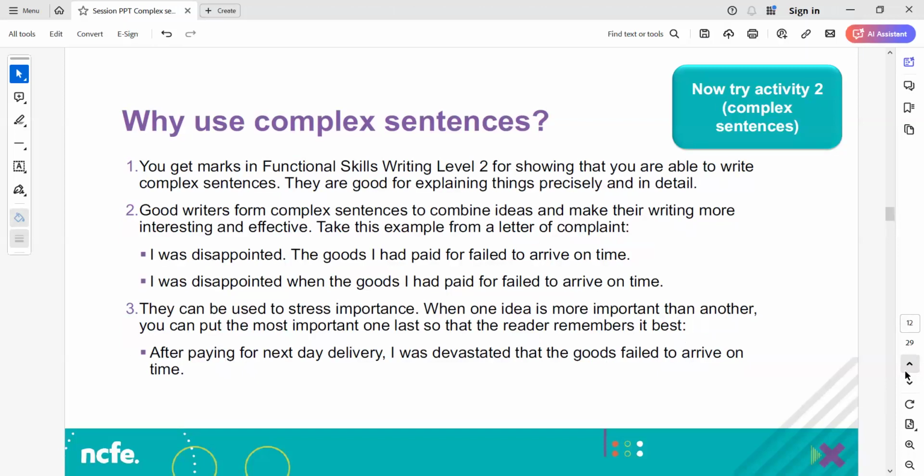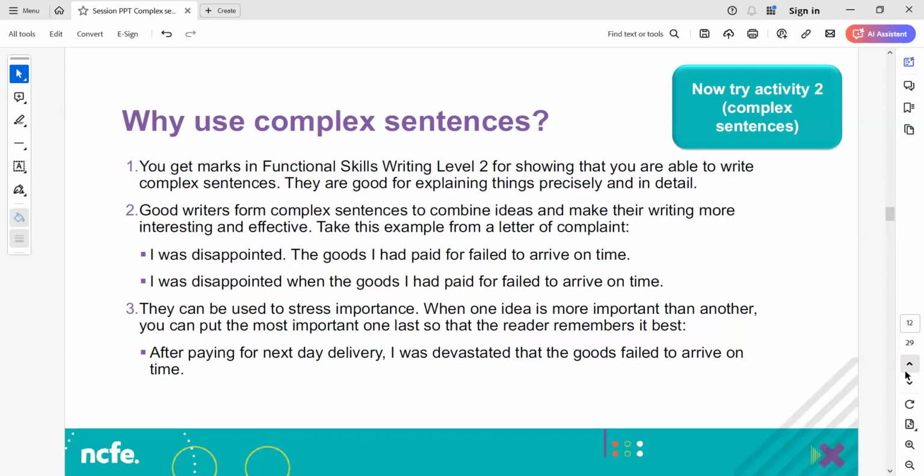Okay, so the best way to practice this is, first of all, whenever you're reading, see if you can recognise them. How many can you spot in what you're reading, whether it's a news website or a newspaper in the morning or a novel, whatever it is? You should be able to spot some.